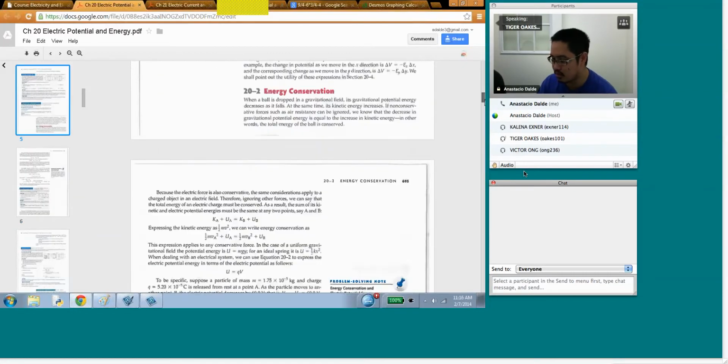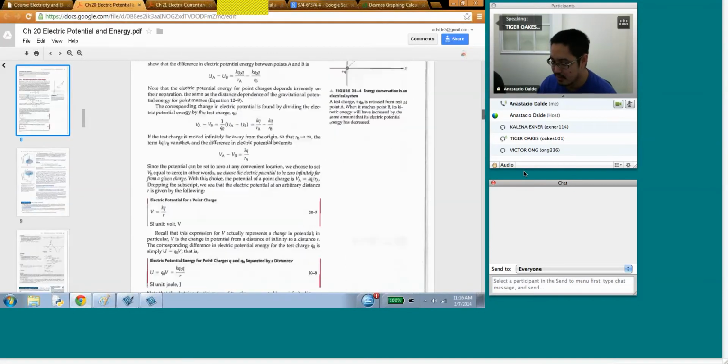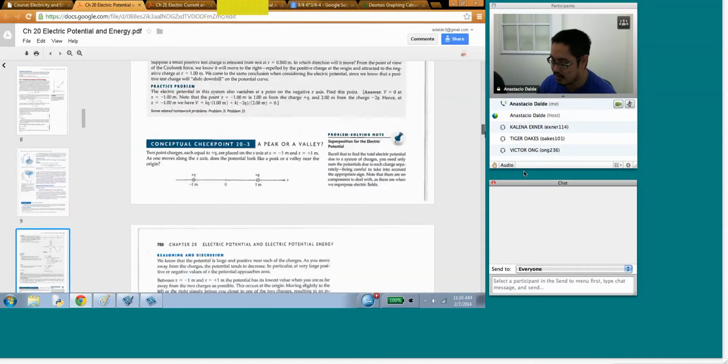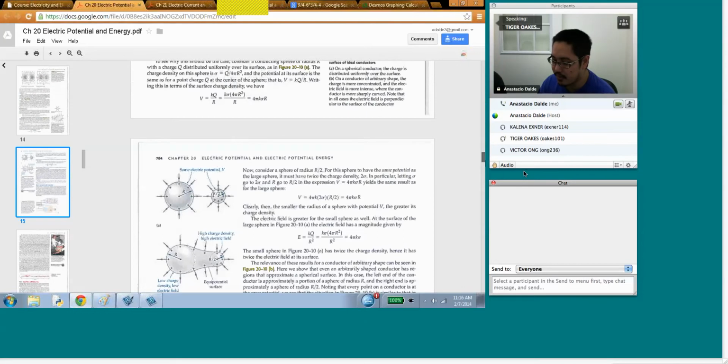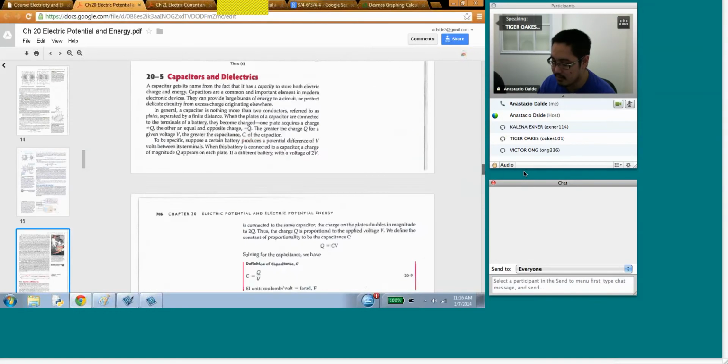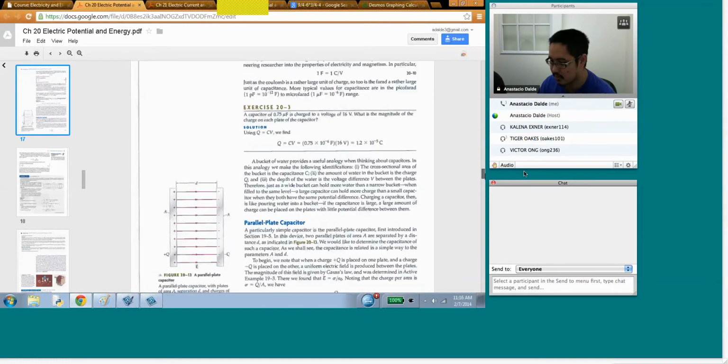Yeah, 1 volt is a joule per coulomb. That's the units, not the equation. Delta V equals negative W over q naught? Oh, that's the potential.